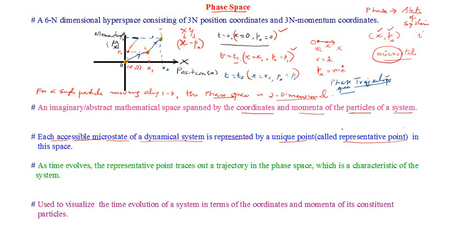Now let me go to another case, the next level of system. See, I have got one particle, so the system is the simplest one particle system: one particle moving in a plane.